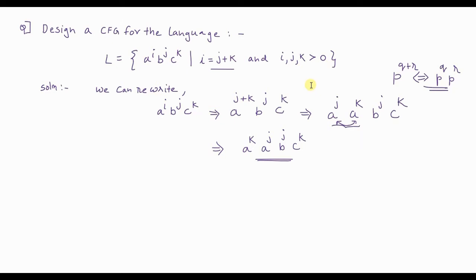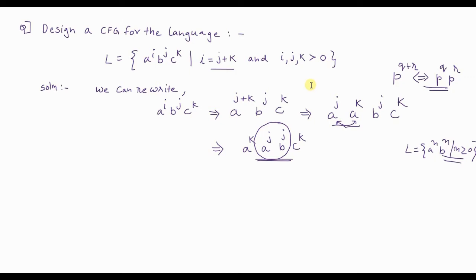Now looking at this string, one thing is very clear. If you see the inner part, it tells you that the number of a's and number of b's should be equal, and we have already designed a CFG for the language L equal to a raised to n, b raised to n, such that n is greater than or equal to 0, where the number of a's and b's are equal.